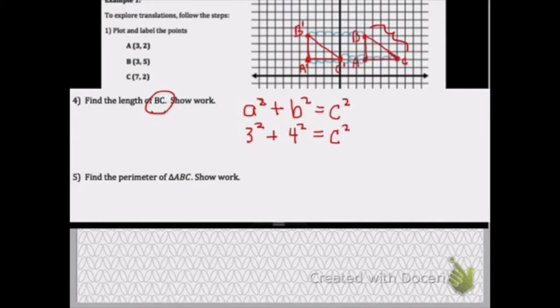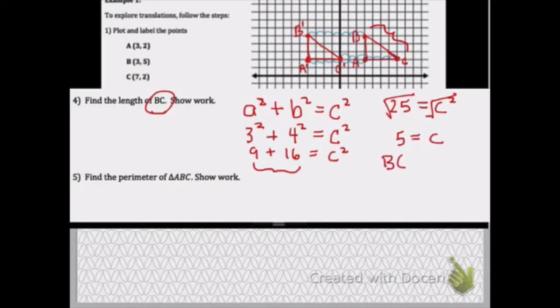We square 3, we square 4, and of course C we don't know yet. Then we're going to add on the left-hand side of the equation. And then we take the square root of both sides to get just plain C. So BC is 5 units long.